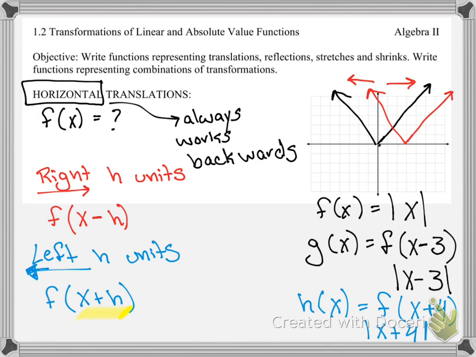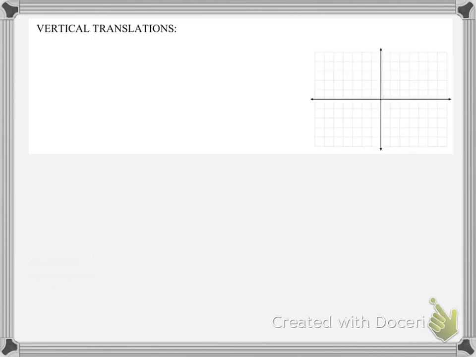So vertical translations, again, vertical is up and down. If we want to translate our function up or down, it works exactly how you would think it would.